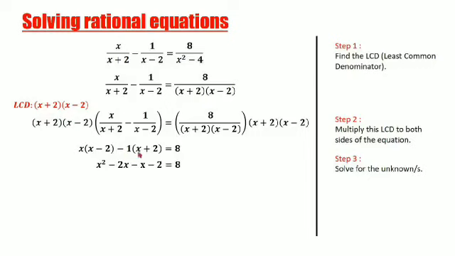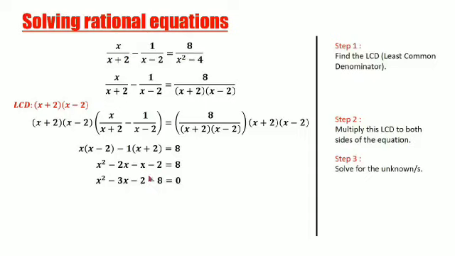So distributing it, negative 1 times 2 will give us negative 2 is equal to 8. Now next, we need to combine similar terms and we will equate this side with 0. We have x squared minus 3x from negative 2x minus x minus 2 minus 8.